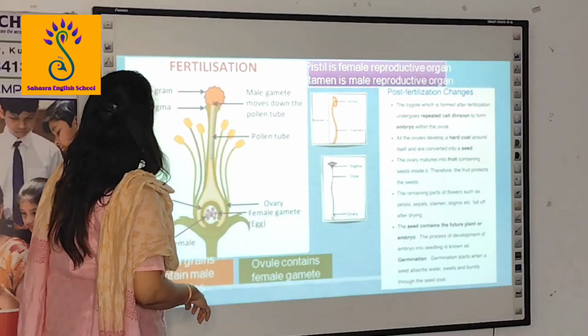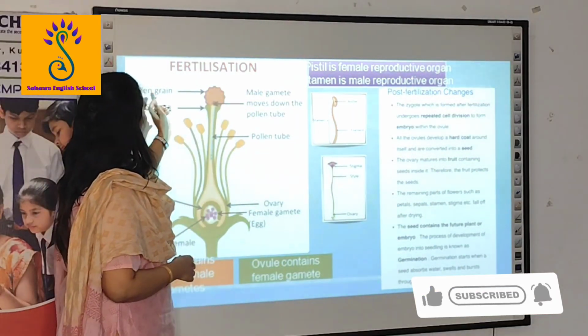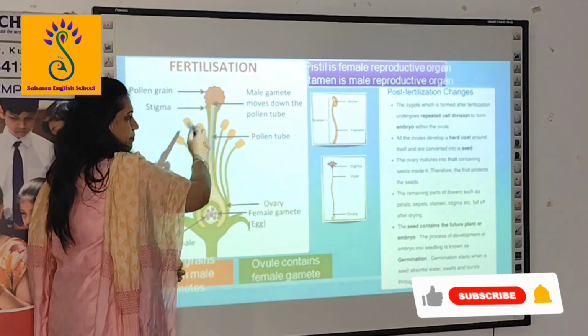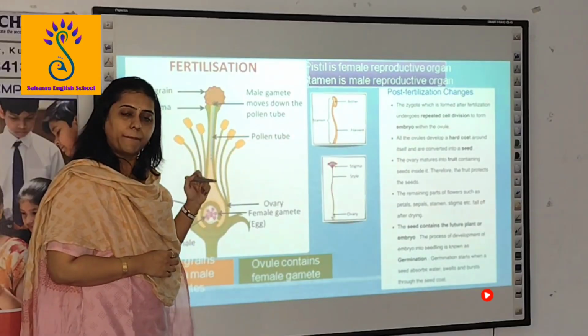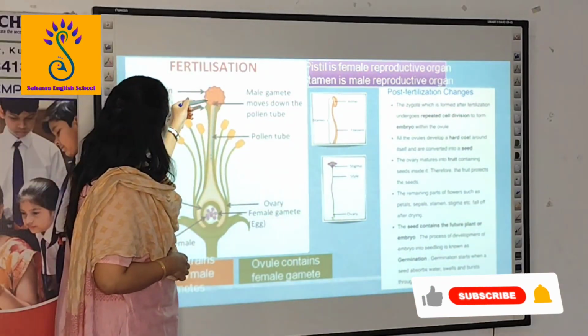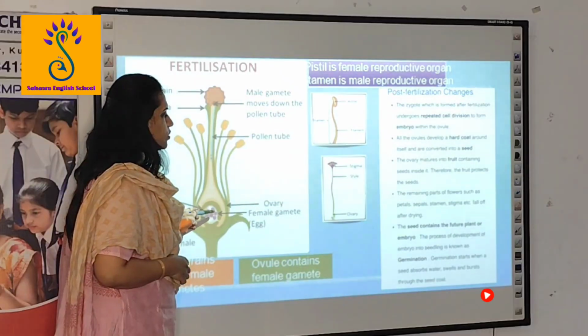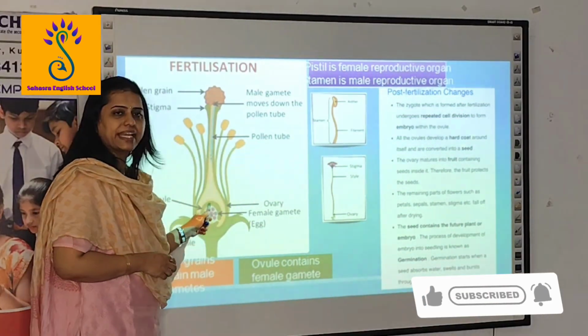Now, when the male gamete is carried through the pollen grain, it sticks onto the stigma. A pollen tube is developed. It passes through the style of the pistil and reaches the ovule. In the ovule, there is the egg, the female gamete.